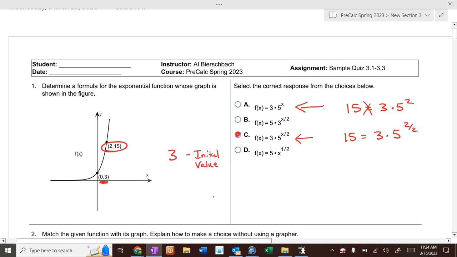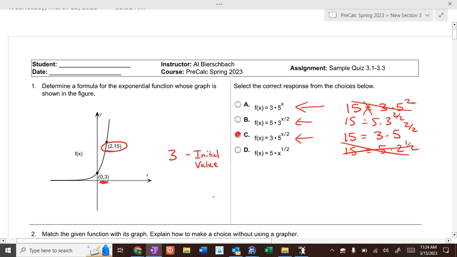That checks. Now, if you were a little leery and say, I'm not sure about that, well, you can go ahead and put the answer in here. And it works for here because 15 is equal to 5 times 3 to the 2 over 2. So it does work for there. And here, if we put in 15, that is not equal to 5 times 2 to the 1/2.